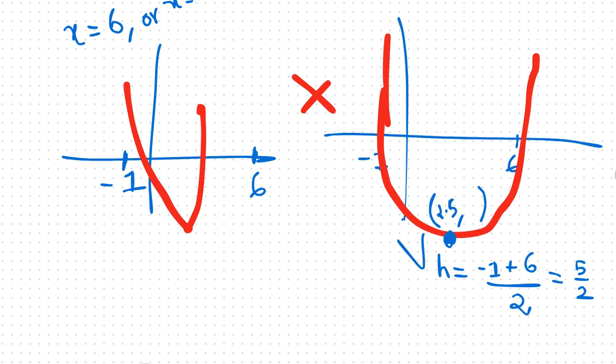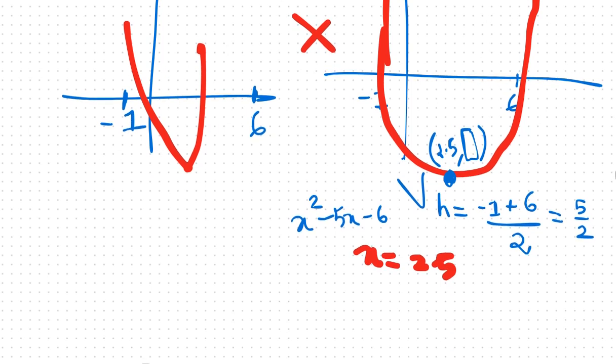How do you find the k value, the y value? For the vertex, you have to put x equal to h, x equal to 2.5, into x squared minus 5x minus 6. Wherever there is x, you have to put 2.5.